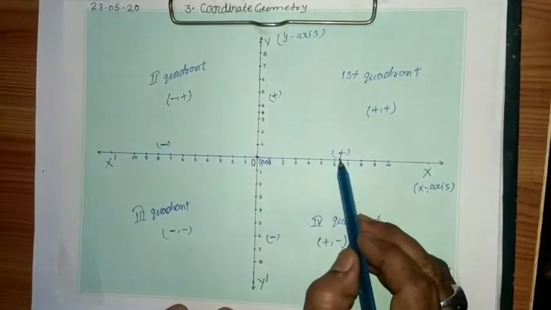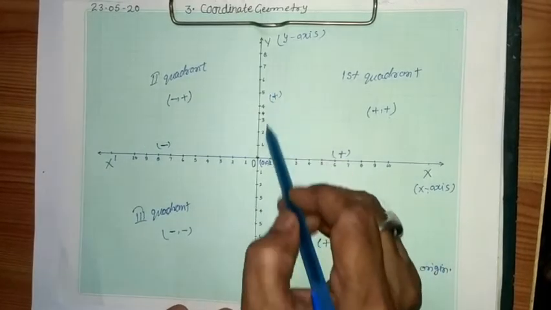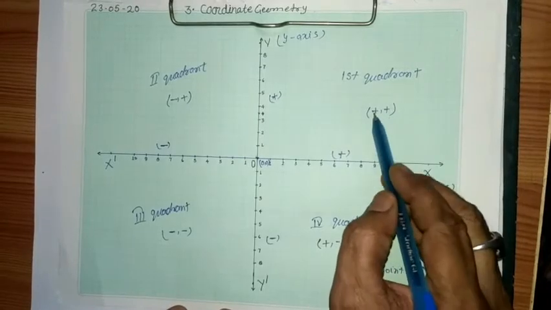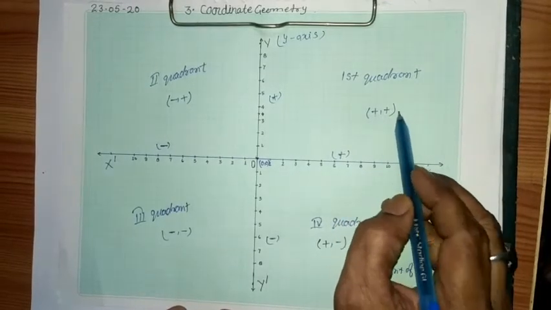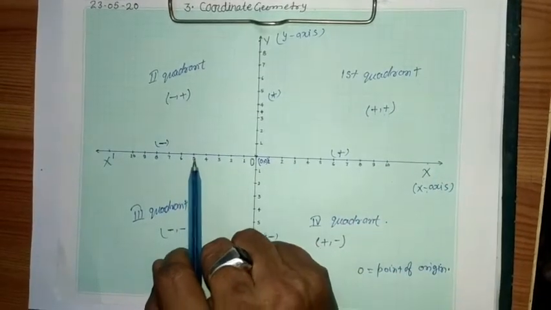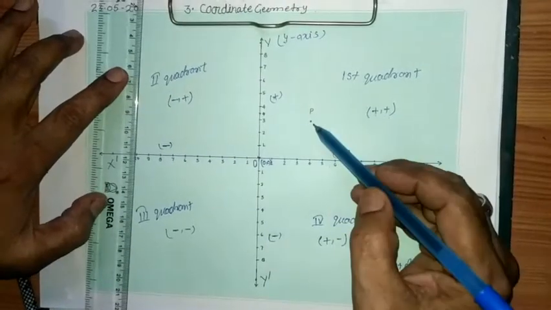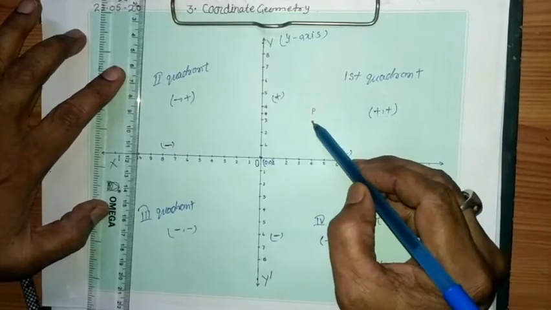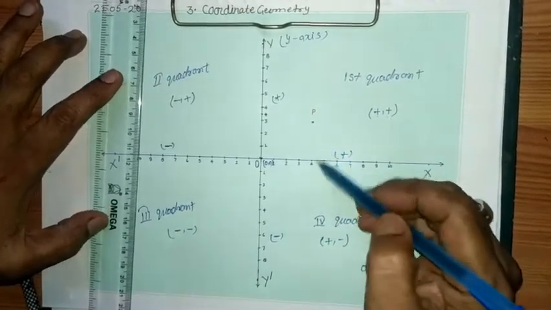Abscissa is plus, ordinate is plus, so the coordinate has plus, plus sign. Here we have taken a point P. We have to find out its coordinate.